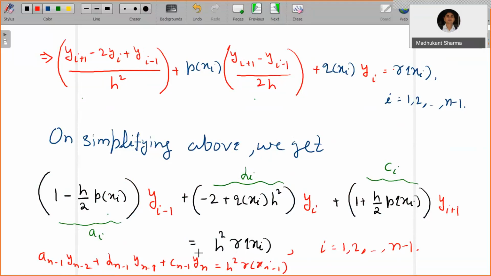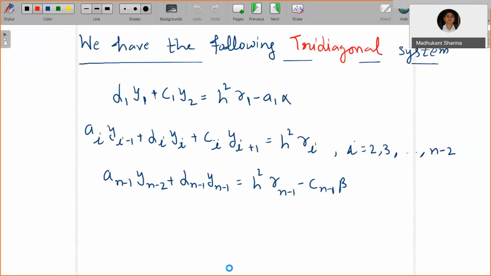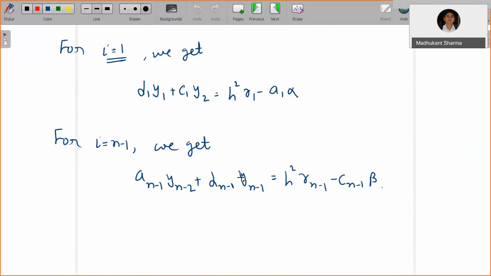Now, since y at xn is nothing but y at b, and that is nothing but beta, you can send this last term to the right side, and then you can write the simplified form as an minus 1 yn minus 2 plus dn minus 1 times yn minus 1 equals h square times r at xn minus 1 minus cn minus 1 beta. So this is what the second equation gives you.